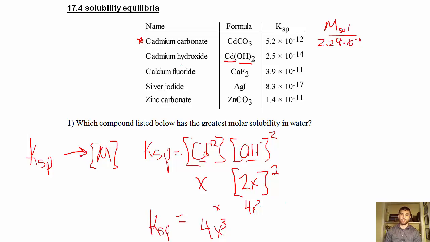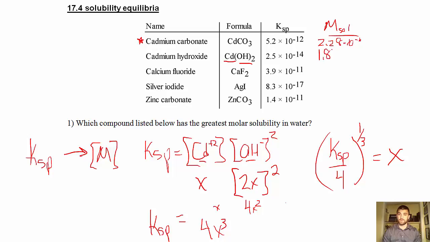So for the next one, if I want to get the molar solubility of cadmium hydroxide, I've got to do Ksp divided by 4 and then cube root it, or 1/3 power, is going to equal my molar solubility. So when I do that, I get 1.84 times 10 to the minus 5.